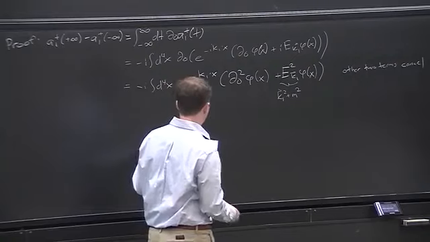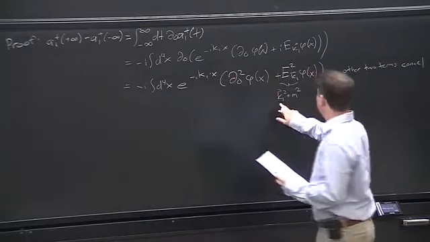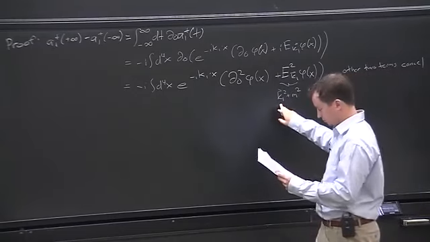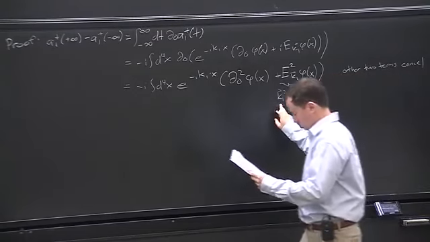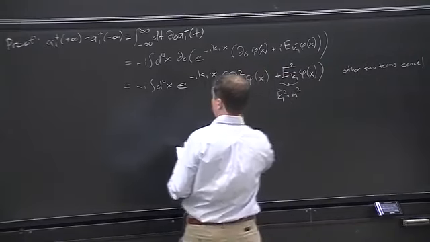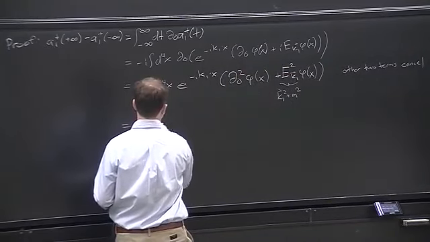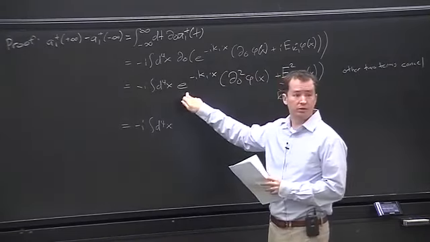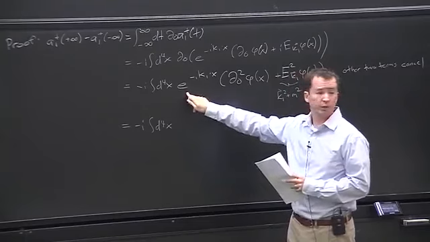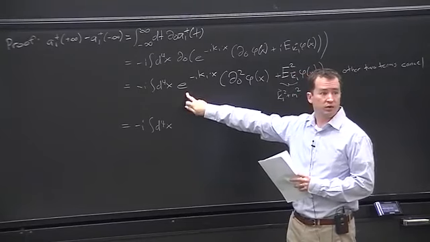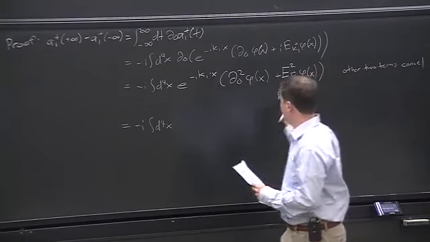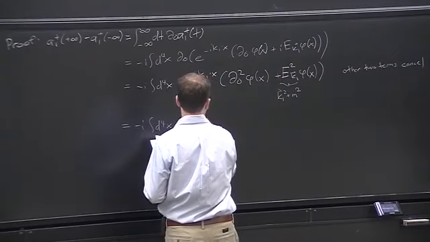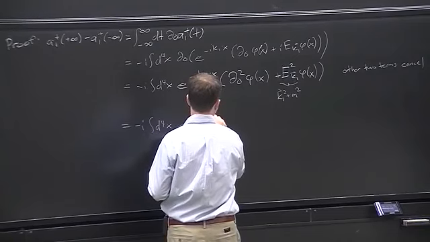And then we can rewrite this k squared times phi as the same thing we'd get if we acted with 2 spatial derivatives on this exponential. We can integrate by parts to move them over to act on the field operator.